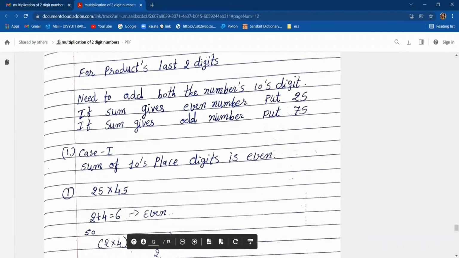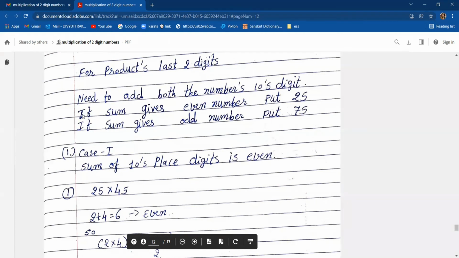If the sum gives an even number, then put 25. Okay, I think you got the idea. What you put at the unit and tens place depends on two conditions.